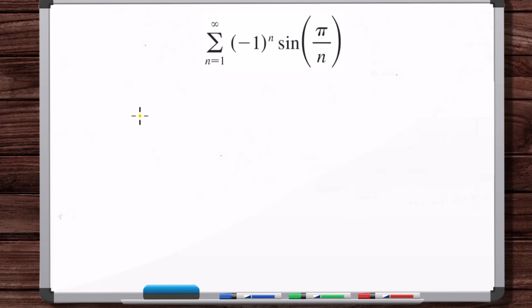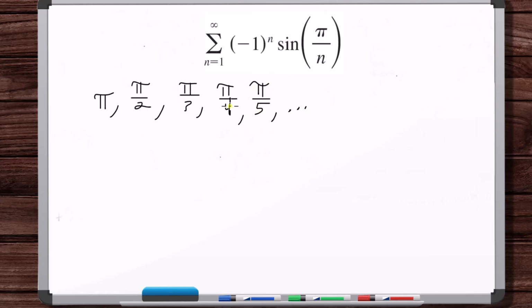Okay, sine of pi over n, starting at n is equal to 1, so let's analyze pi over n. When n is equal to 1, it's pi. When n is equal to 2, it's pi over 2, then pi over 3. Well, what we can see is that we're starting at pi, right? Let's think about the unit circle.